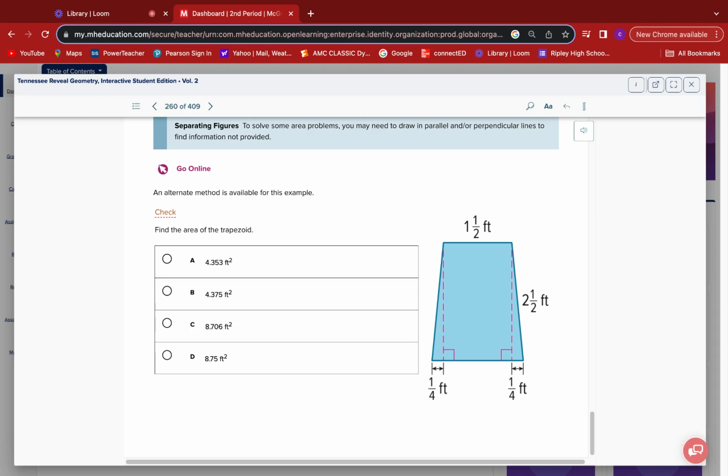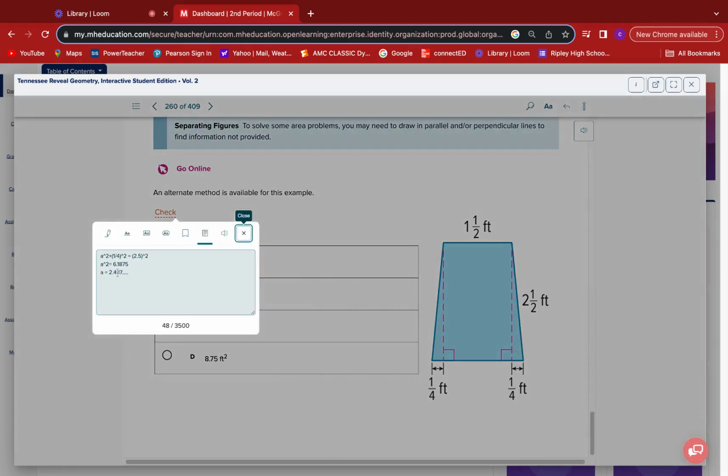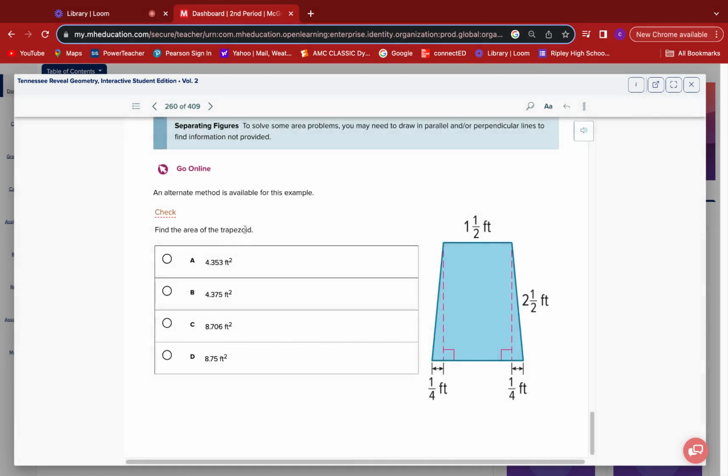So here goes. I'm going to have the formula 1/2 height times base 1 plus base 2. Grab your calculator, put in 1/2 times the height, which we found to be 2.487, and so on, times, open parentheses, base 1 was 1 1/2, add the other base, remember that was a 2, because we added all of these three sections together, close your parenthesis and hit enter.